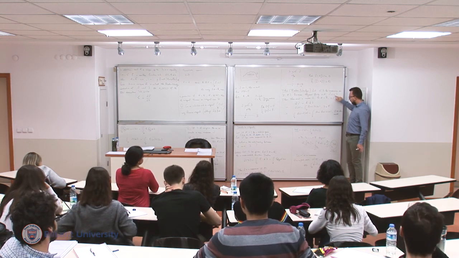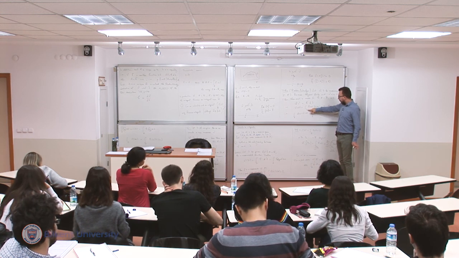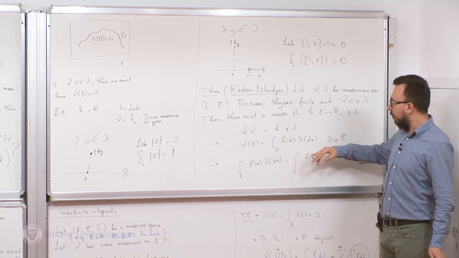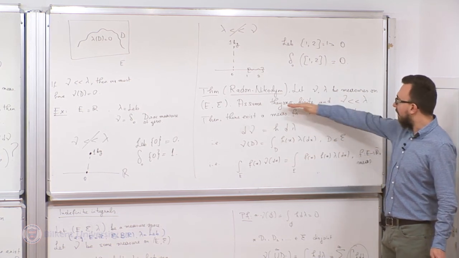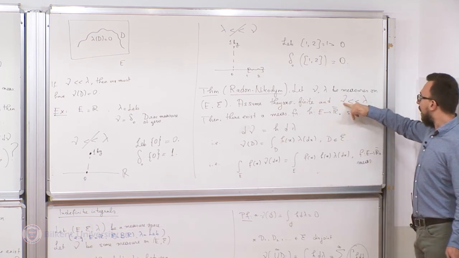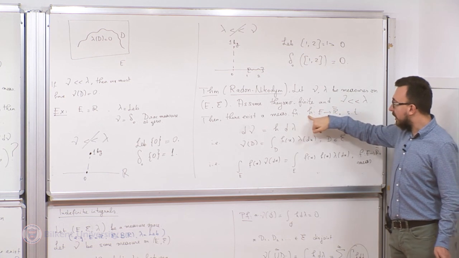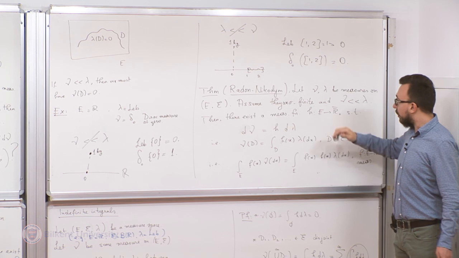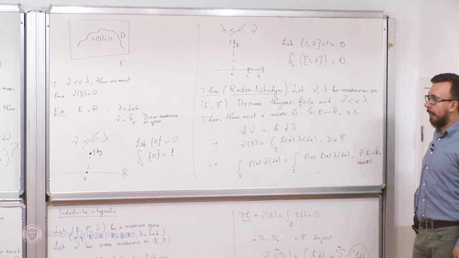If lambda of the set D is 0, you're integrating over a null set, so this will give you 0. So in fact, this is if and only if. If you have sigma finite measures, nu is absolutely continuous with respect to lambda if and only if there is a density, the Radon-Nikodym derivative of nu with respect to lambda.